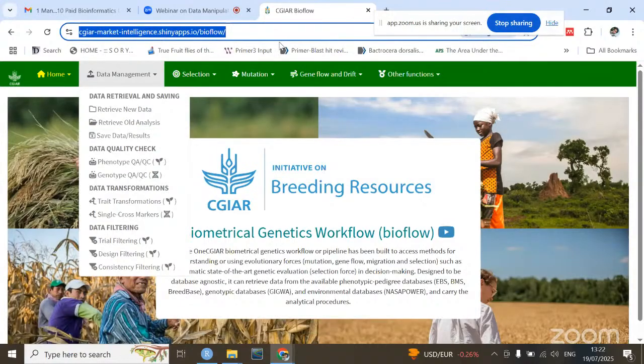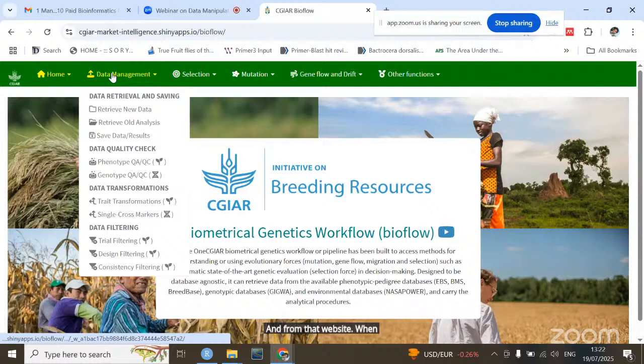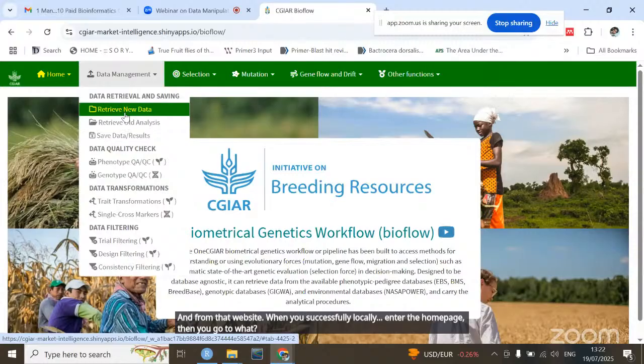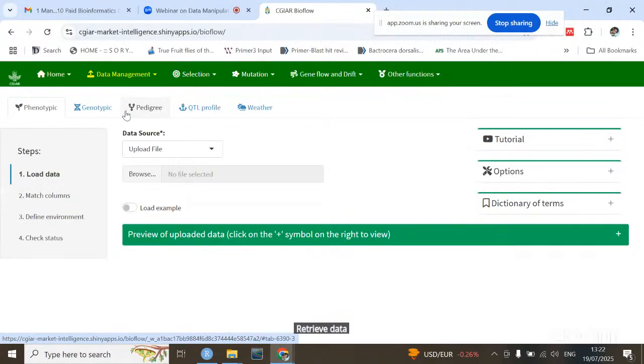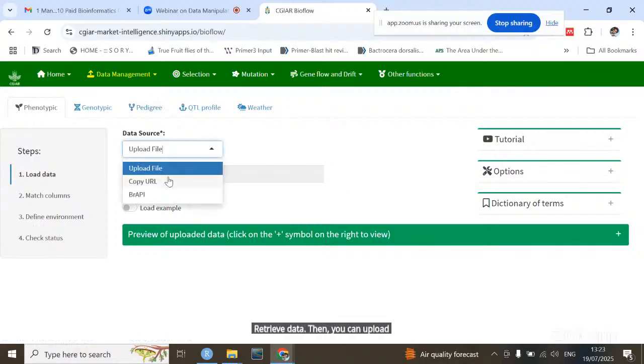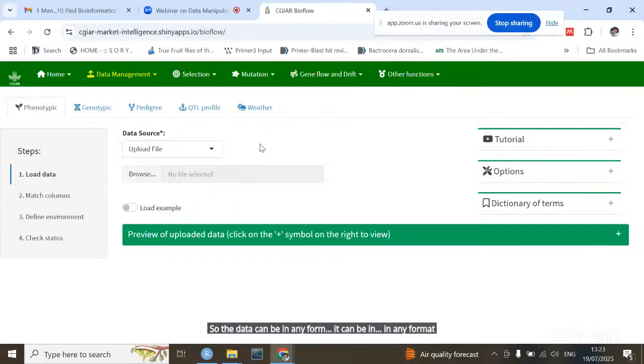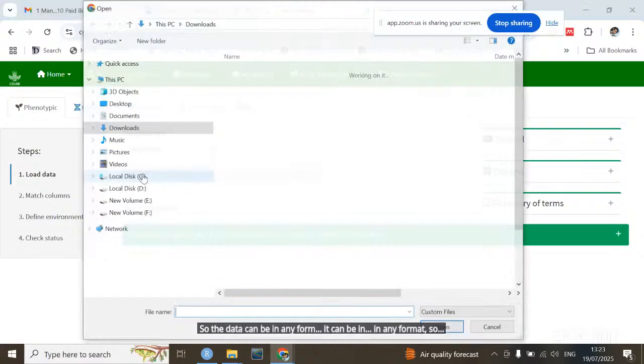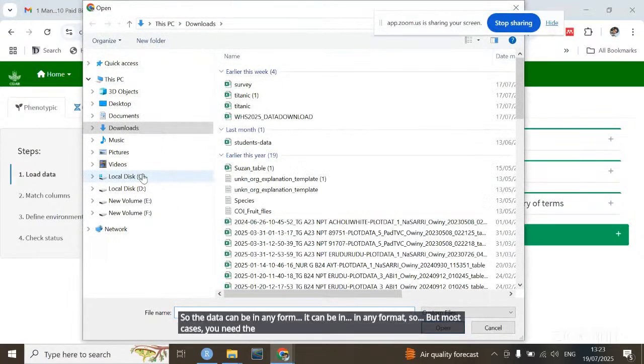From that website, when you successfully enter the home page, you go to Retrieve data. Then you can upload the data. The data can be in any format, but in most cases you need the data in CSV.